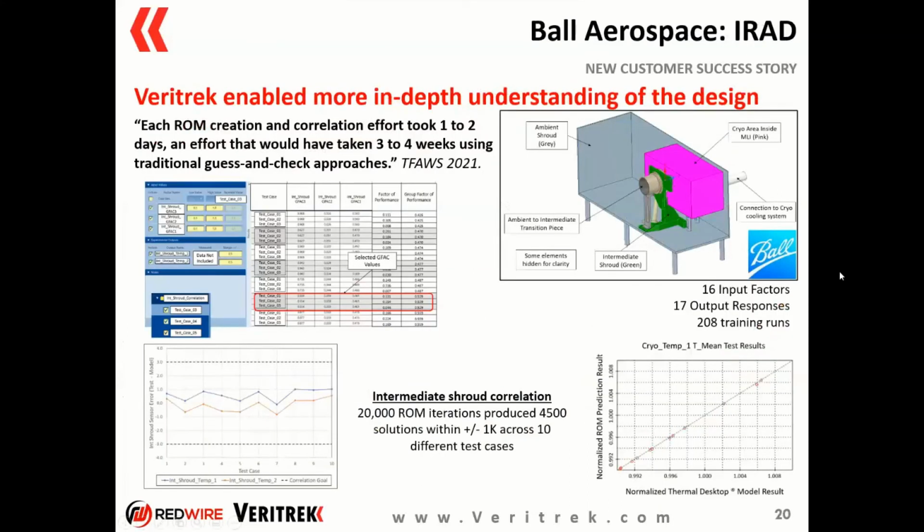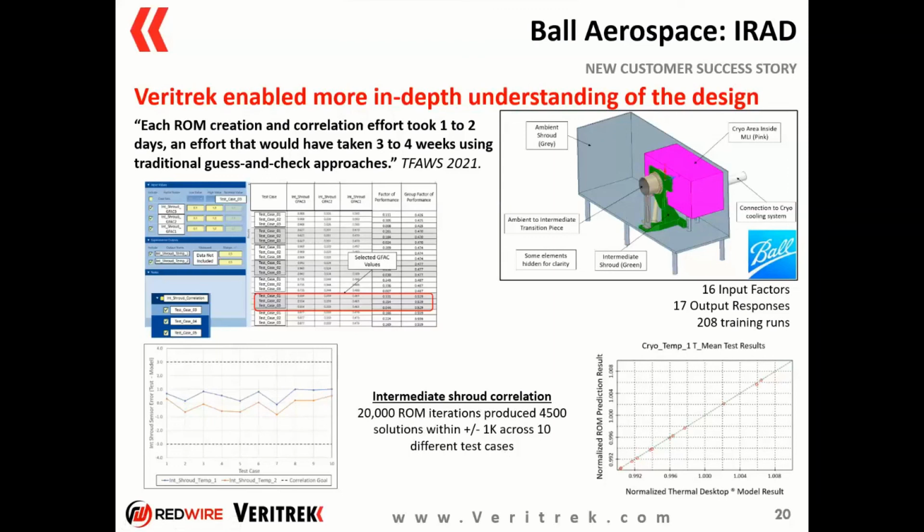All right, here's an example of some of the thermal model correlation work that we did. This is with Ball Aerospace. They had a cryogenic instrument and they wanted to do some thermal model correlation. They ended up breaking it down into 3 separate thermal models, and then they used Veritrek to correlate those 3 thermal models. For each of those thermal models, they used 20,000 ROM iterations that produced a collection of solutions, roughly 4,000 to 5,000 solutions that met the plus or minus 1K requirement across 10 different test cases.